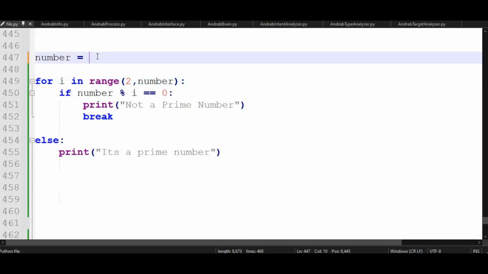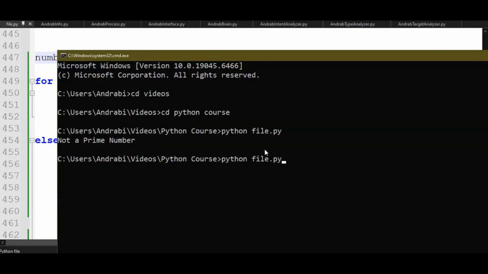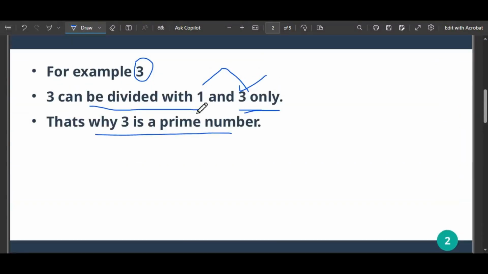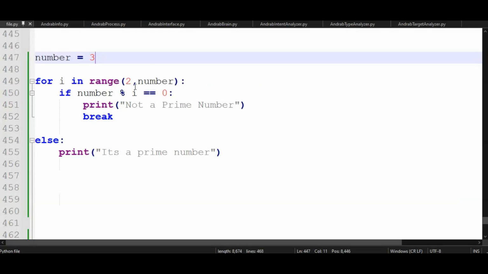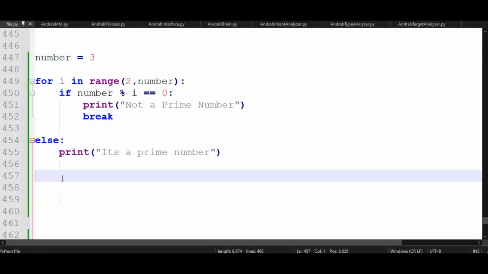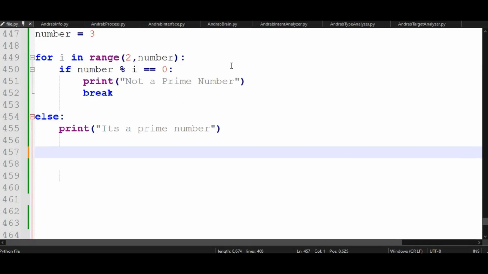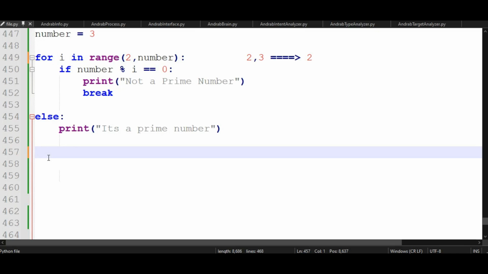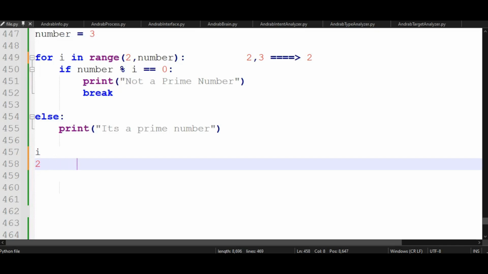If you write any other number here, for example, 3, then it will simply say it is a prime number. Why is it a prime number? Because it can only be divided by 1 and 3. If you analyze this case here, that is number 3, the loop will actually run a single time, that is only for 2. Right? So I becomes 2.